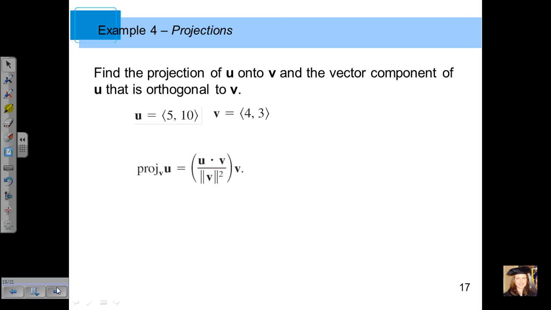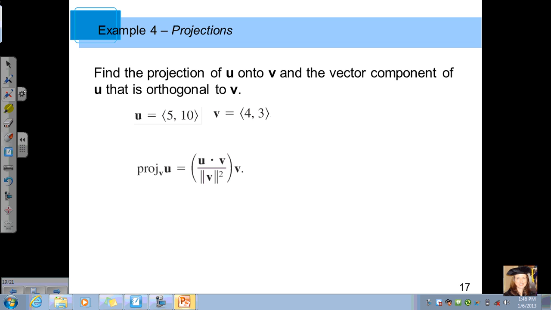All right, here we have an example. We want to find the projection of the U vector onto the V vector and then find the vector component of U that is orthogonal to V. So we want to find the dot product.